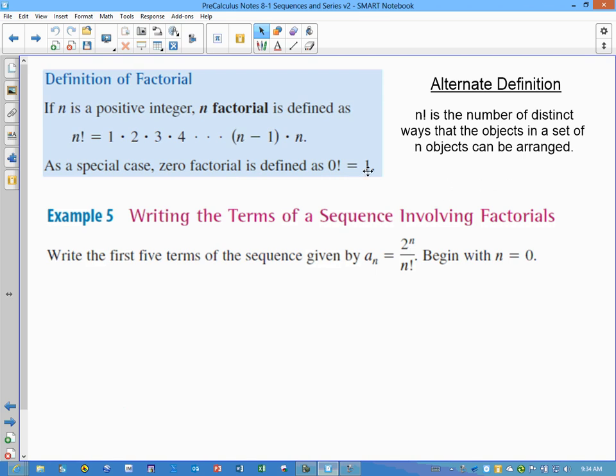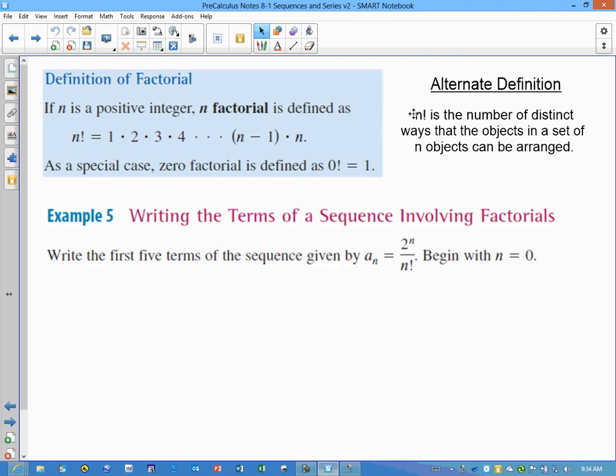How many ways can you arrange them? Well, in the first position, you have 3 choices. And then in your second position, you only have 2 choices because you made a choice in the first one, so there are 2 remaining objects to place in that second position. And then in that third position, whichever one you didn't use has to be there.